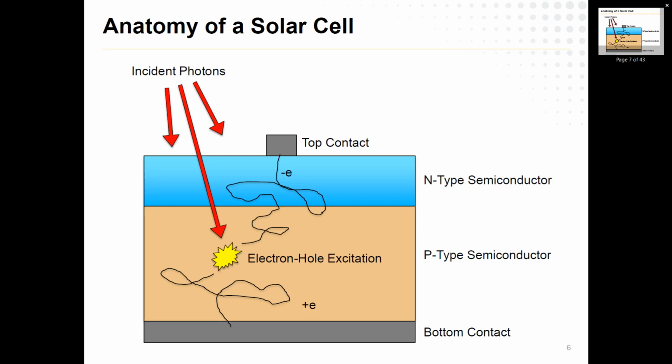The hole will meander around, with any luck eventually running into the bottom contact, and the electron will do its little Brownian walk and eventually reach the top contact. When those separate, that is energy you can harvest in the form of a photocurrent.